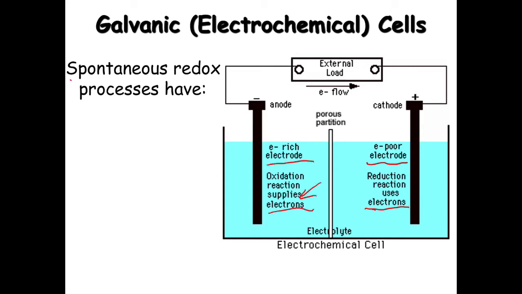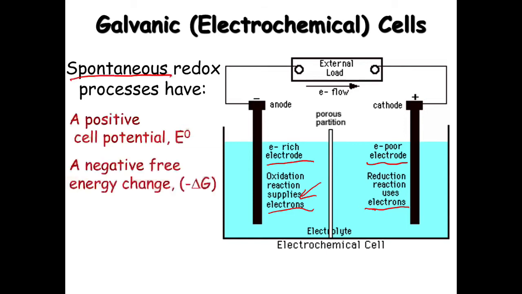And so spontaneous electrochemical processes have the following characteristics. They have a positive cell potential, that's E superscript 0, at standard conditions, and also they have a negative delta G value.